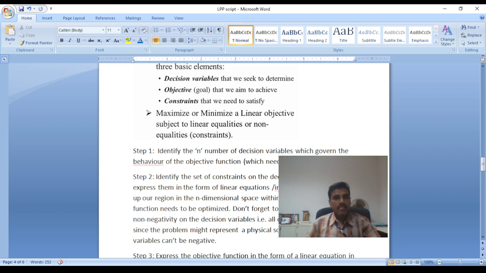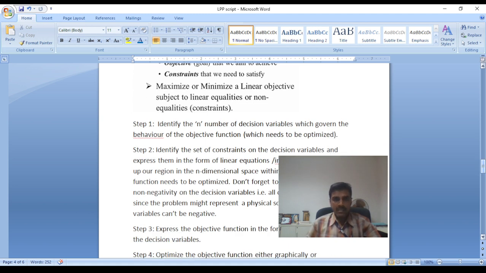So there are four important steps in order to formulate this linear programming. What are the four important steps? The first step is we have to identify the number of decision variables. The number of decision variables means how many decisions you have to take.